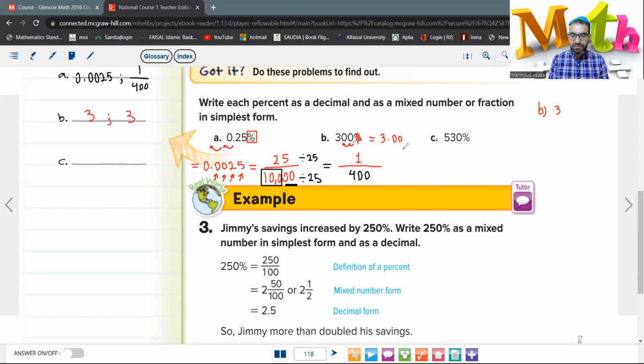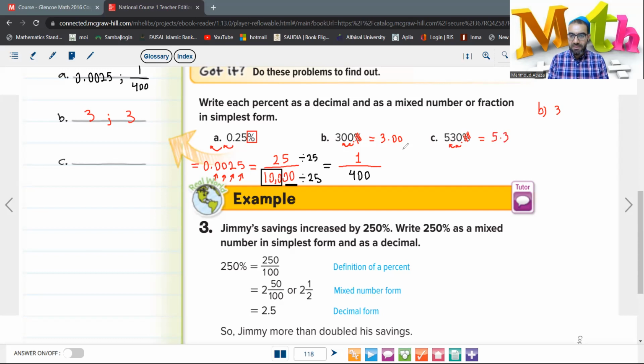530%. Also, if we imagine that there is a decimal point here to the right of the ones place, and we want to cancel the percent sign, so we move the decimal point to the left 2 places. So this will be 5.3.